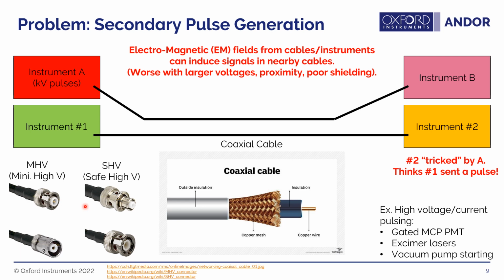And you wouldn't want to send a high voltage pulse into an instrument that is not capable of accepting high voltages. So just a few examples of high voltage or current pulsing instruments that I've seen in the lab are gated CPMs or PMTs, excimer lasers, maybe even vacuum pumps when you start them in the beginning of the day. These things can interfere with each other.